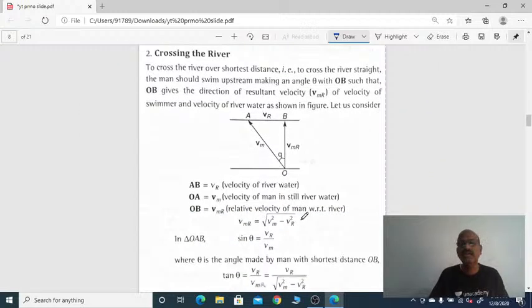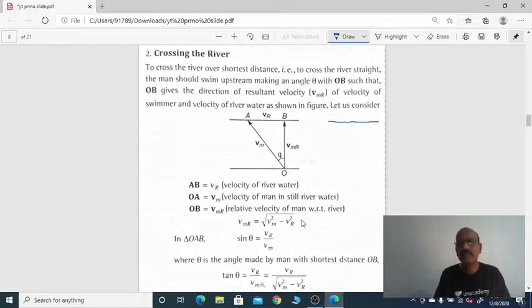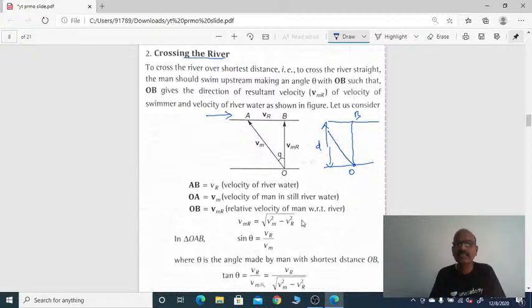Now, crossing the river. To cross the river in the shortest distance, see, this is the bank of the river, and the distance between the banks is D. From O, crossing in the shortest distance means he has to go along OB. But if the man or the boat wants the shortest distance, he has to row the boat or swim upstream, so that the flow of water, in this direction of the river, pushes him automatically and brings him here.